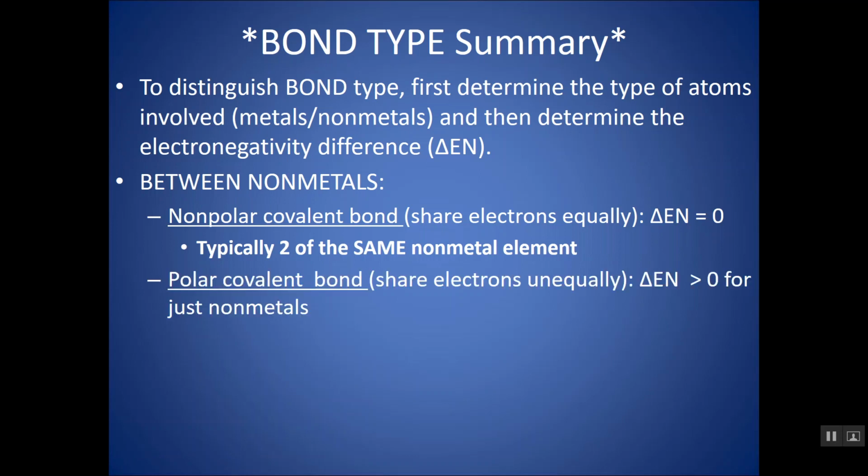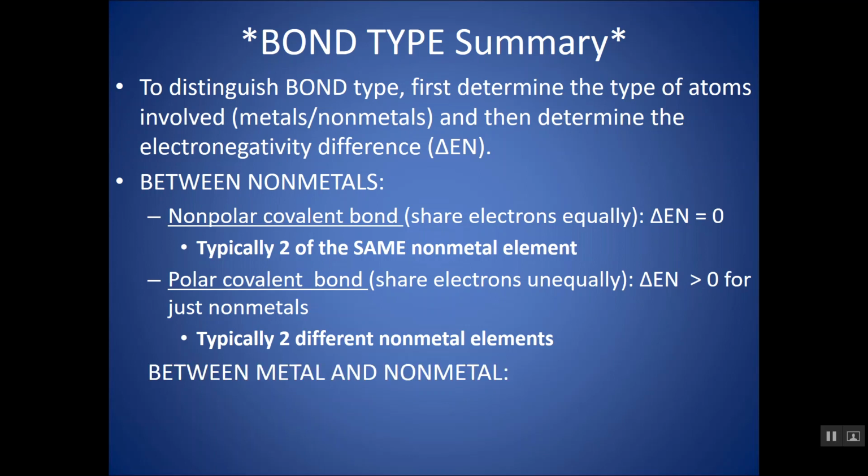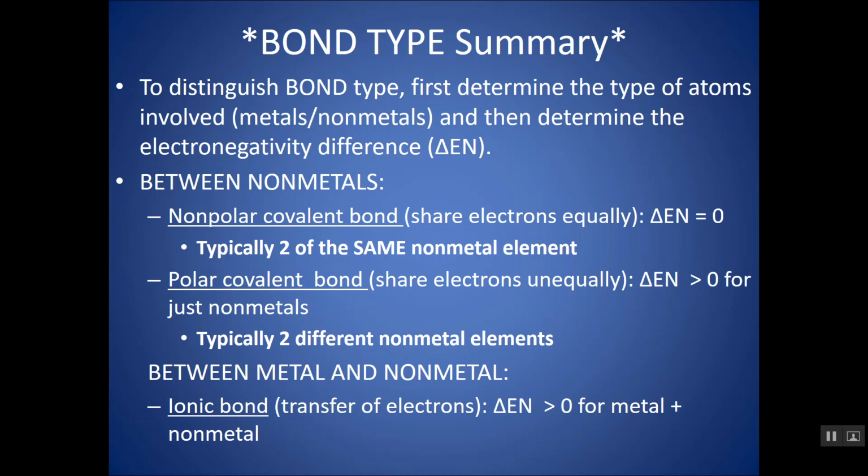It will be a polar covalent bond, meaning electrons would be shared unequally, if your electronegativity difference is greater than 0. And again, this is just for nonmetals. Typically, two different nonmetal elements joined together will tell you it's a polar covalent bond. And if you have a metal and a nonmetal, that's when you would have an ionic bond.